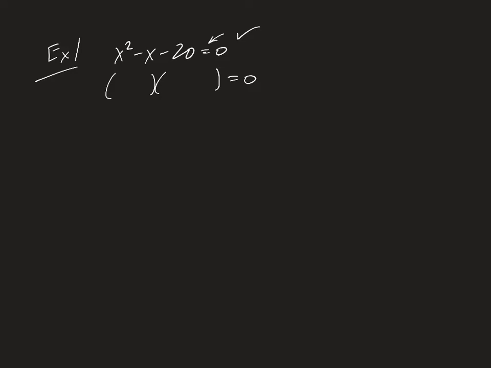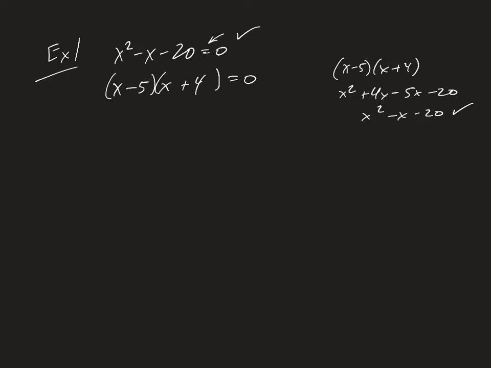This trinomial factors as x minus 5 times x plus 4. If you need to, you can always check that by multiplying this out. In this case, it does indeed match the beginning, so that's set.